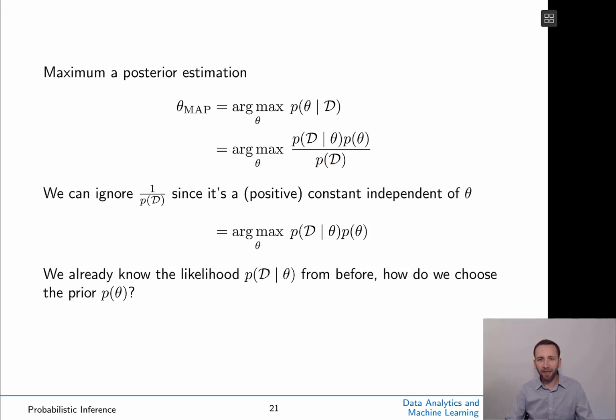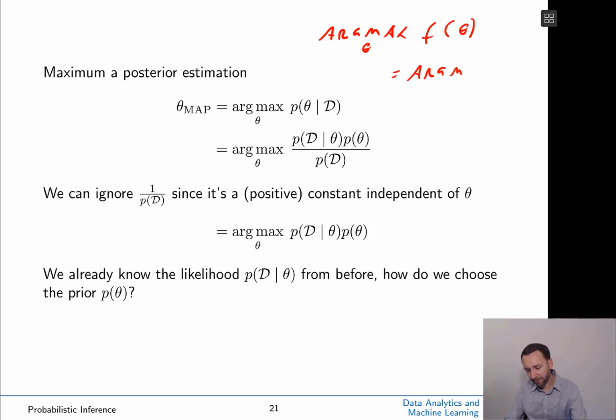If you want to maximize a function, actually you want to find the maximizer again. So let's say you want to argmax some function f of some parameter theta. Of course, this is the same as the argmax of this function scaled by some constant.